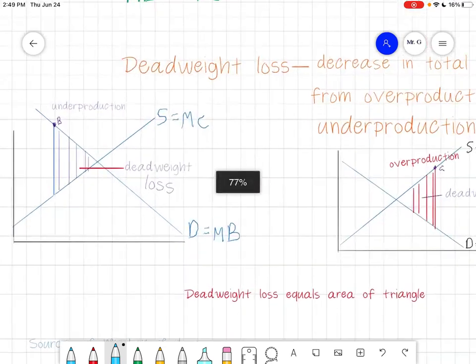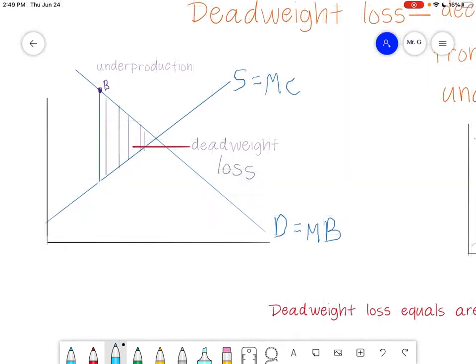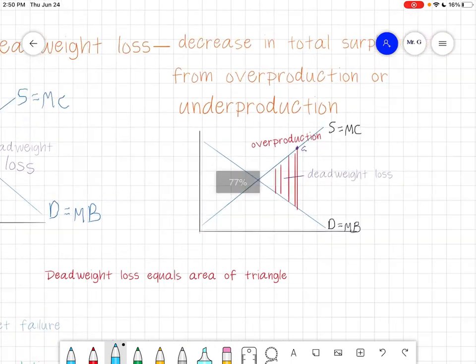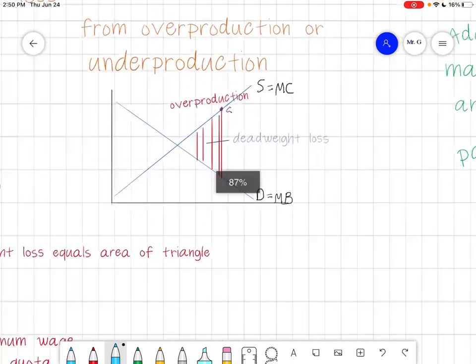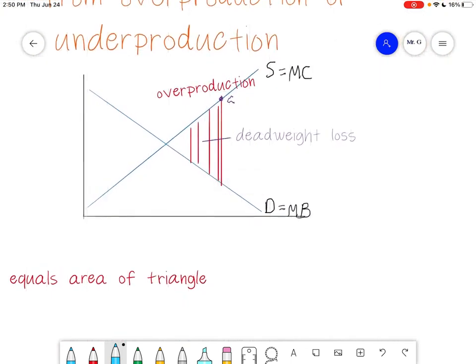If we look at underproduction, you can see that the marginal benefit is greater than the marginal cost, and now we have this area that's called the deadweight loss. This is an inefficiency. In this case, our total surplus is not being maximized. Then we have a situation of overproduction, where we're producing too much and the cost is higher than the benefit.